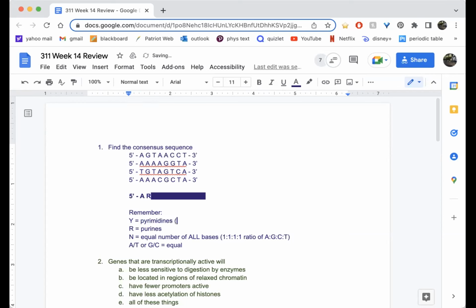And so our pyrimidines are, sorry, T and C, while our purines are A and G. So if we look at these, A is a purine and T is a pyrimidine. So because they're not both purines or both pyrimidines, we would have to say that this one would be A/T. So does that kind of make more sense now, Usman? Okay, cool.